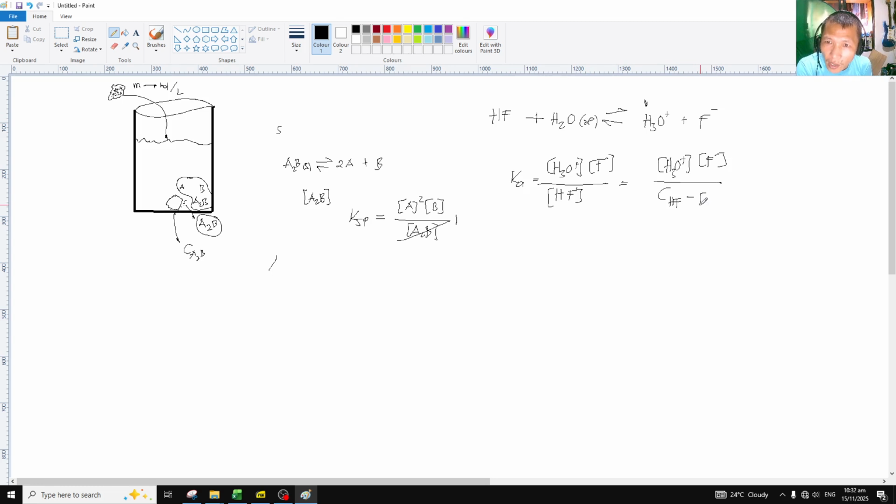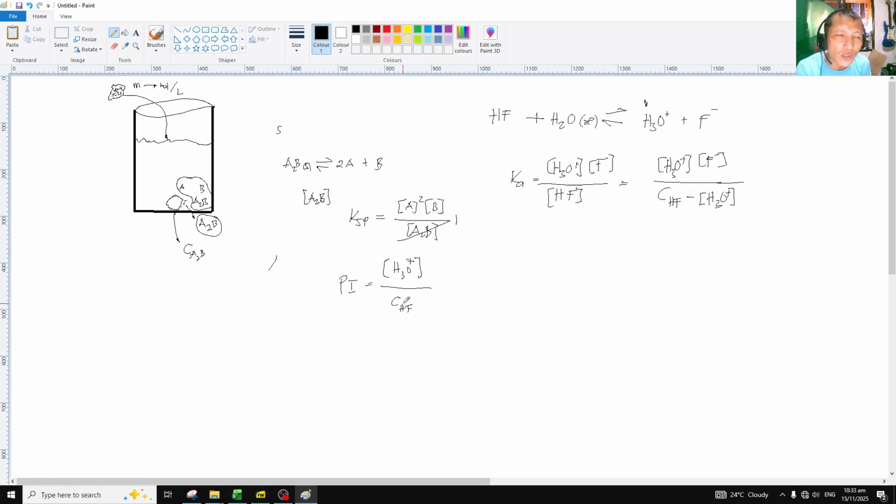So it can be H3O plus or F negative actually. But again, pH is derived from H3O plus, which is why we use it in pH problems. So this will be H3O plus. The percent ionization is the H3O plus formed divided by your original concentration, CHF.